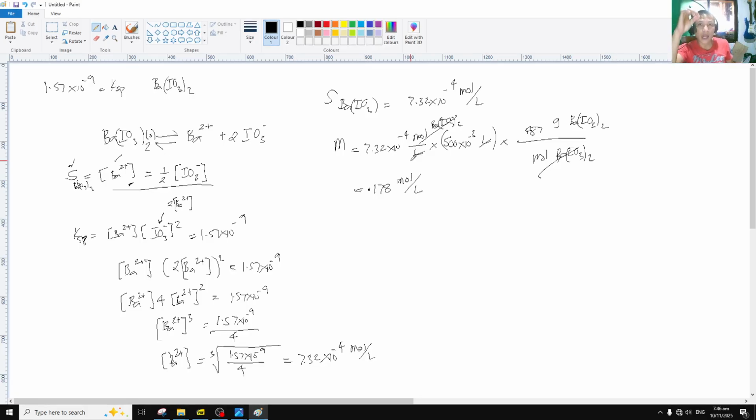Tapos, hindi siya nakabukdo. Yun yung 1 gram. So, sorry, yung unit niya is grams na to siya. Sinabing milligrams, in grams. So, grams na siya.